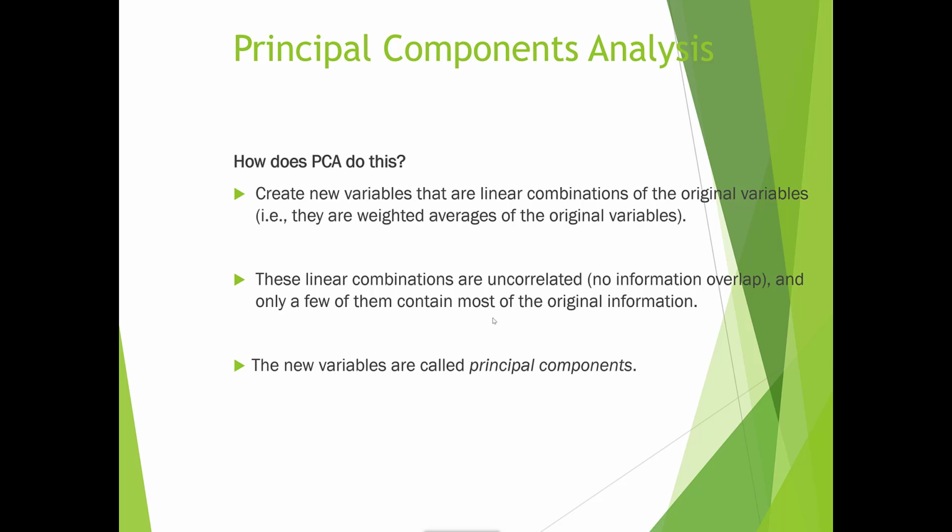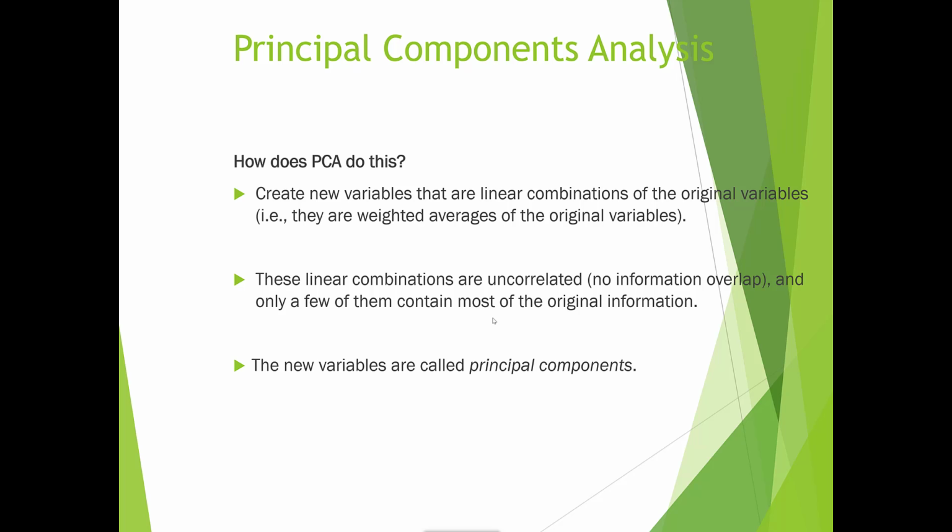You use one set of weights for the first principal component, another set of weights for the second principal component, another set of weights for the third principal component, and so on. So if you have 10 variables to start with, you get 10 sets of weights. The first set of weights will give you the first principal component, the second set the second, and so on.